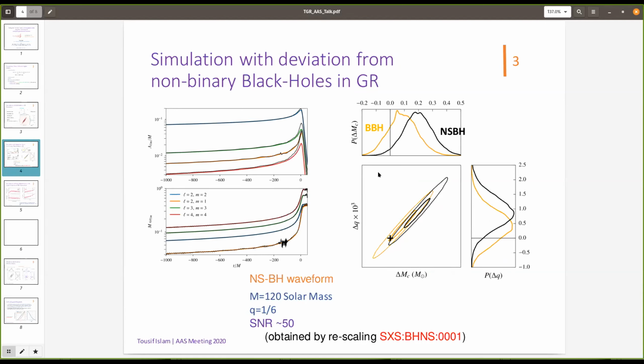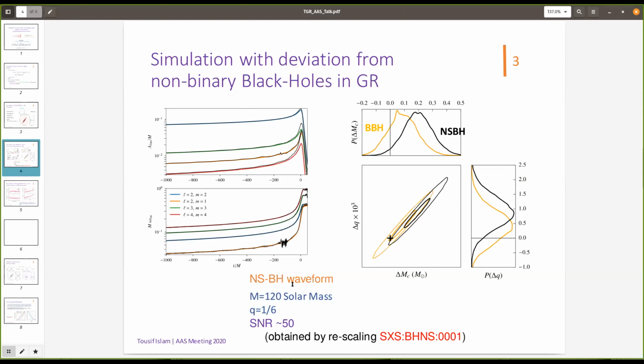Now to do that, we inject a neutron star black hole waveform coming from numerical relativity, but we rescale the waveform to a total mass of 120 solar mass and mass ratio 1/6. The total signal to noise ratio for the system is 50.